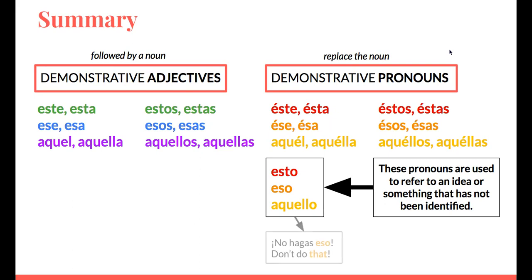So this is useful when you would say something like, "no hagas eso," don't do that. That, it's an idea, like whatever the thing that you're telling someone not to do is, it's an idea. It doesn't have a gender of masculine or feminine. It just is. So you'll hear esto and eso a lot, and aquello to a lesser extent, but it's the same idea. So sorry to add that in.